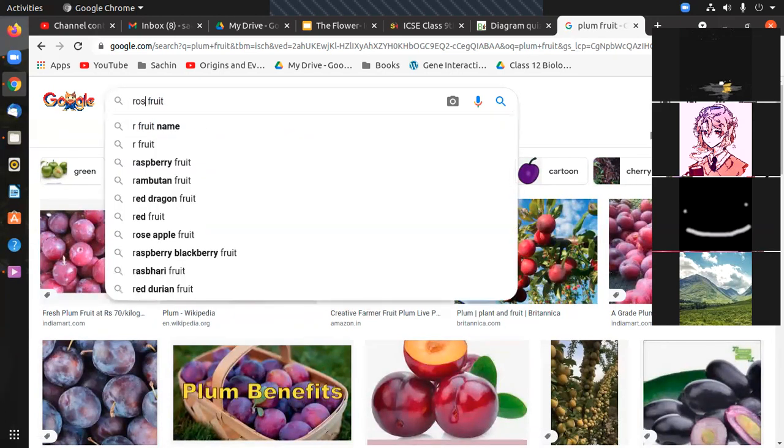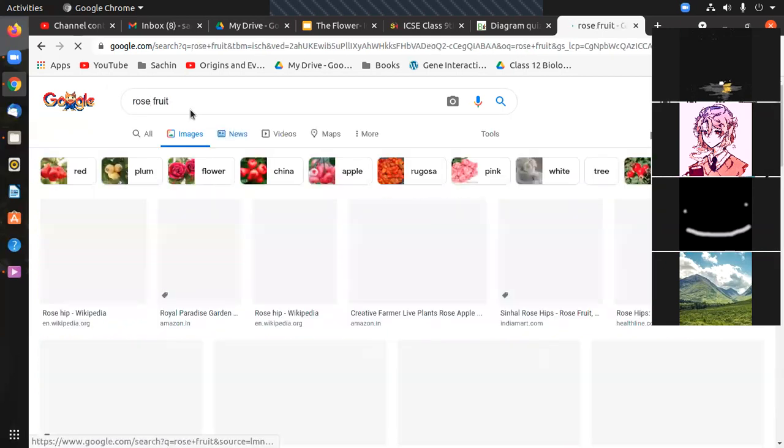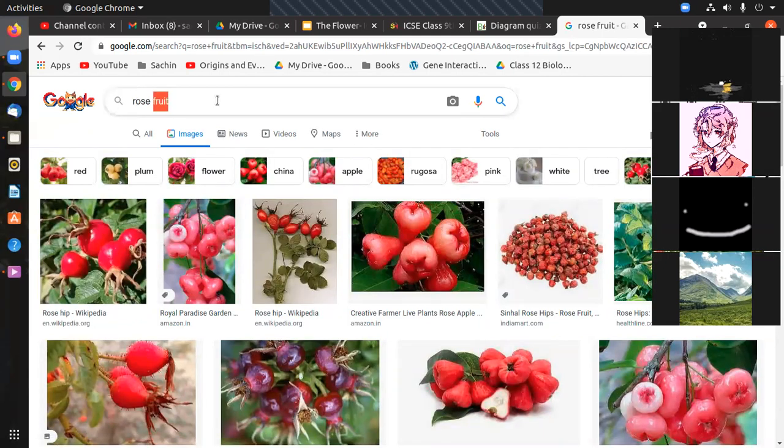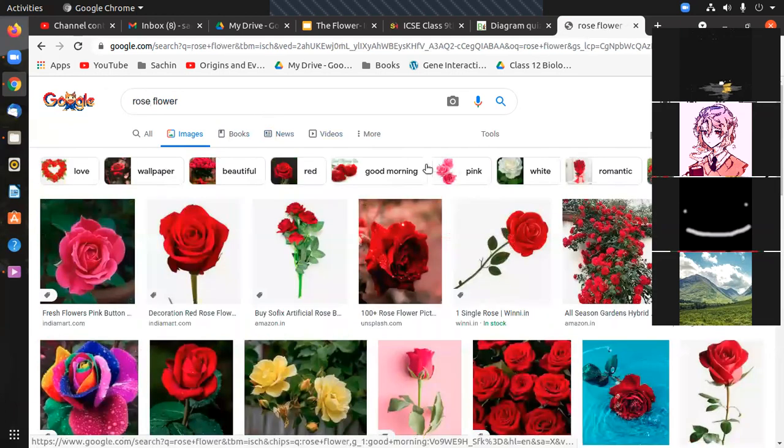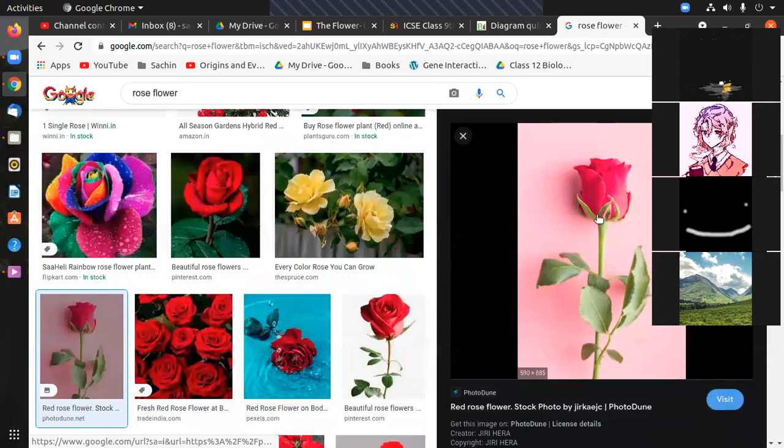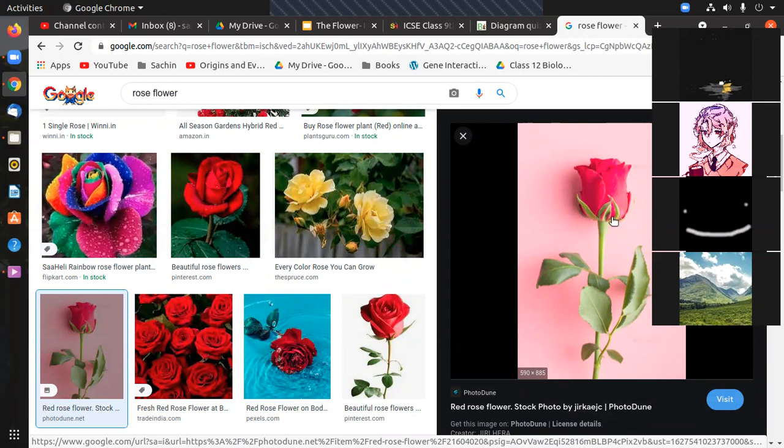And then a rose. Obviously the rose fruit is something else. In the rose flower, if you have seen it carefully, again this is not showing a good version of the rose, but this part, the thalamus, is a little elongated or cup shaped, right?